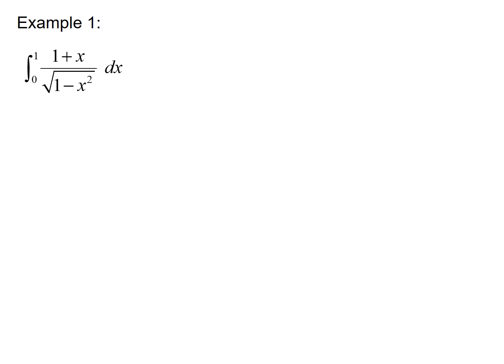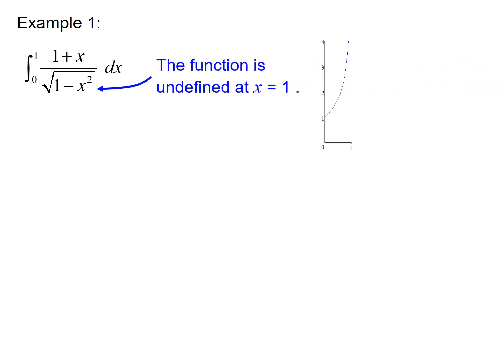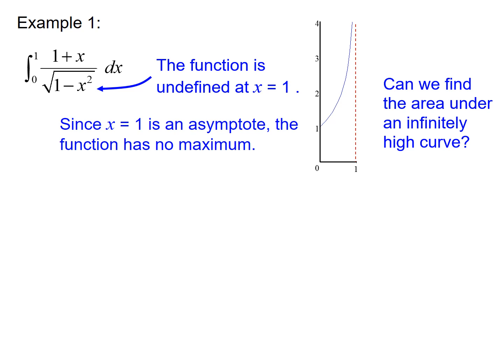Let's take a look at this integral from 0 to 1. Well, if we plugged in 1, we would get 0 on the bottom of our expression there, so we have to replace 1 with something else and take a limit. So in this case, we have a vertical asymptote at x equals 1. We're looking at the integral from 0 to 1.